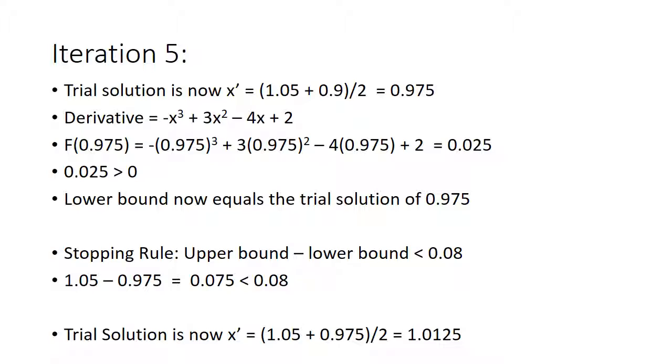So at this point, we find the current trial solution, and that is the final solution. So the new trial solution with those new upper and lower bounds is the average of 1.05 and 0.975, which ends up being 1.0125, and that is the final solution.